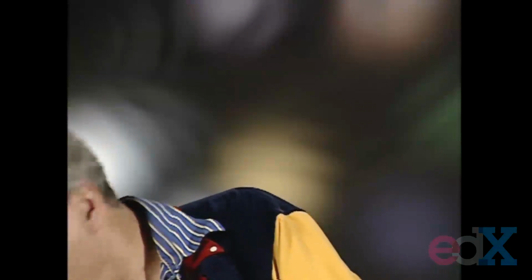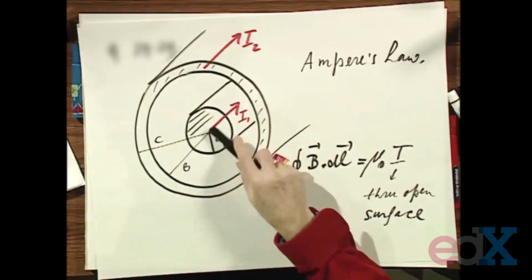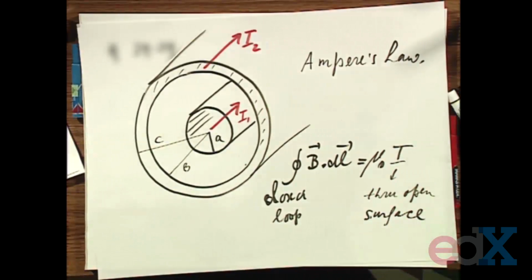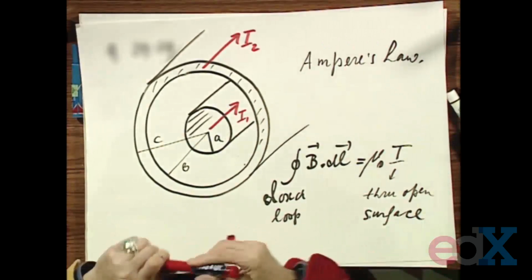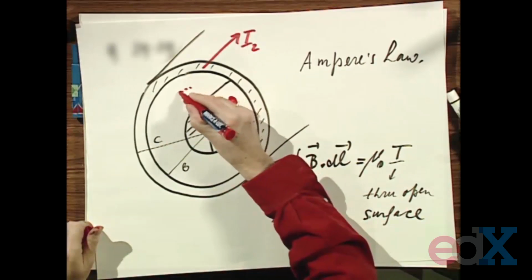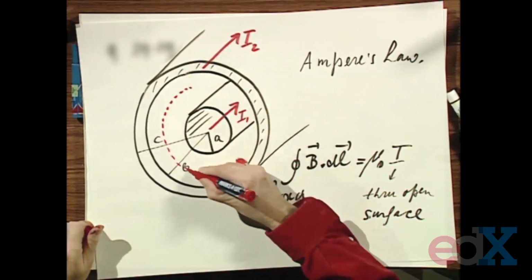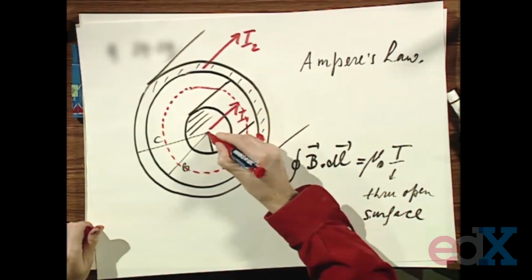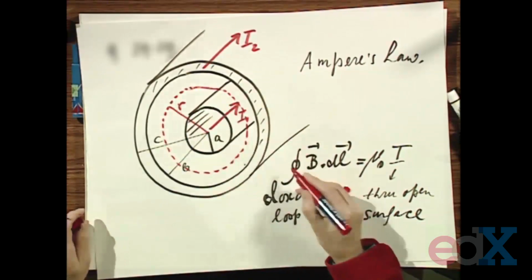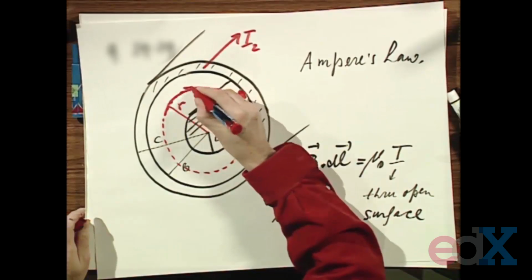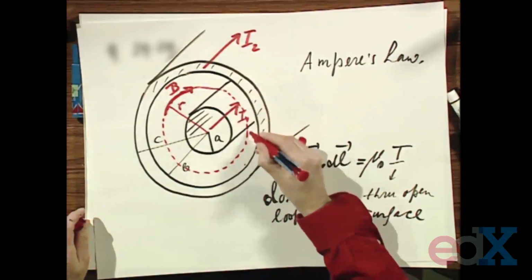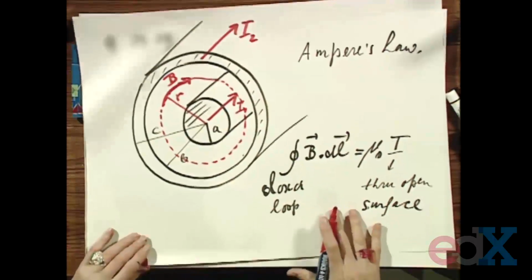And now we have to calculate what the magnetic field is everywhere in space. That's not so difficult. I will make a loop, obviously, a concentric circle with radius r. The magnetic field, I know by convention, is in this direction and is tangentially going around.